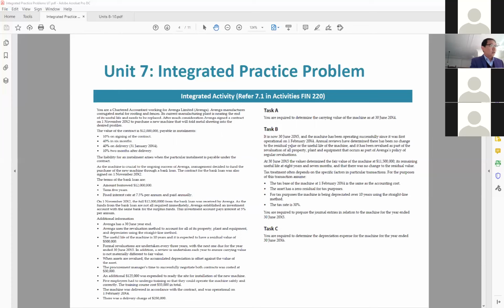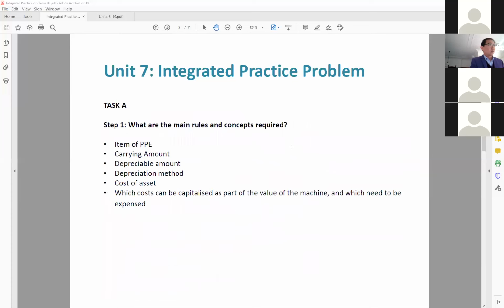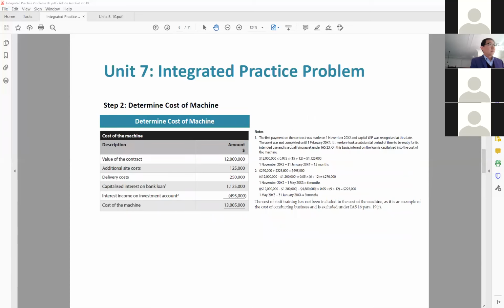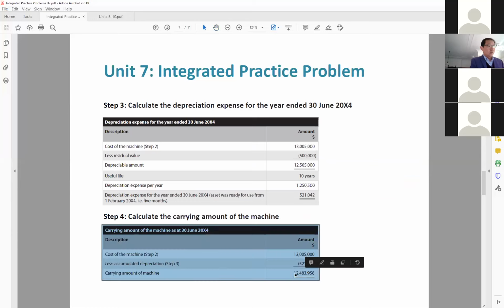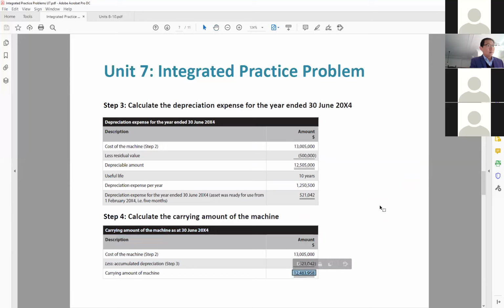How we do this is that we already know the carrying amount at the end of the first year is 12,483,958. This amount here is going to be the amount at the end of X4 from an accounting perspective.